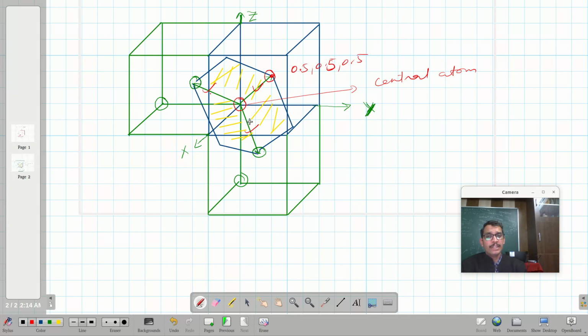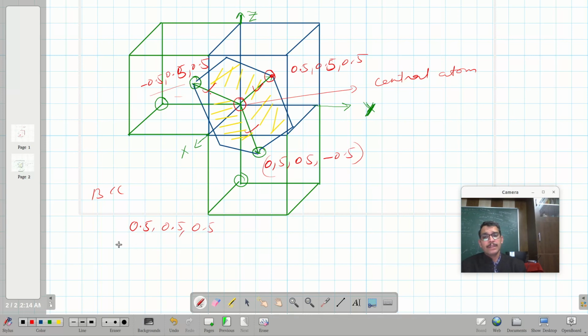Similarly, it is along the negative z axis, so its coordinates are 0.5, 0.5, minus 0.5. And this one is along the negative x-axis, so its coordinates are minus 0.5, 0.5 and 0.5.